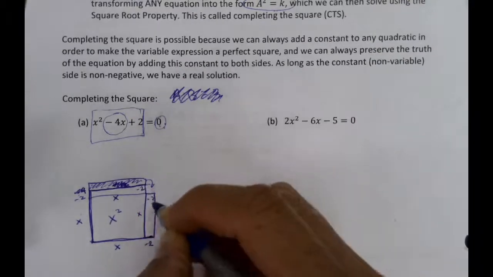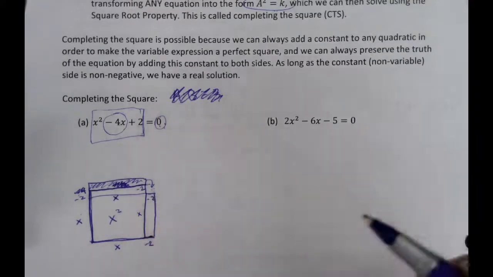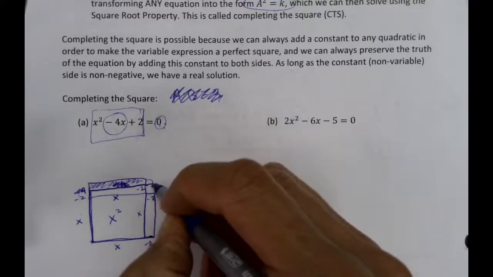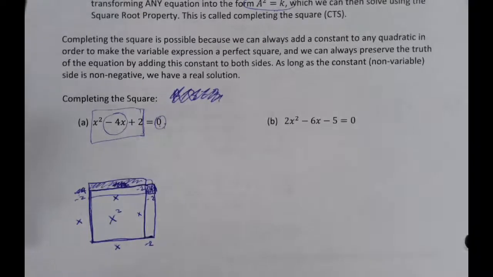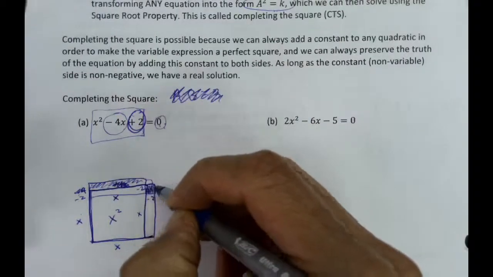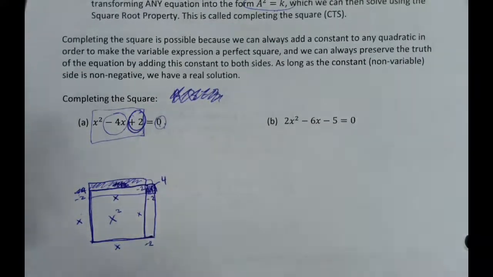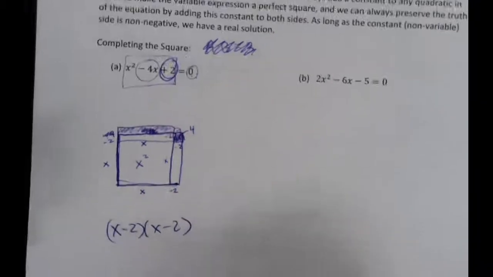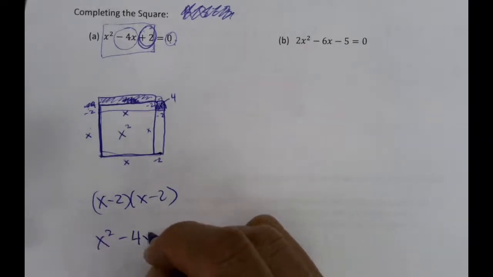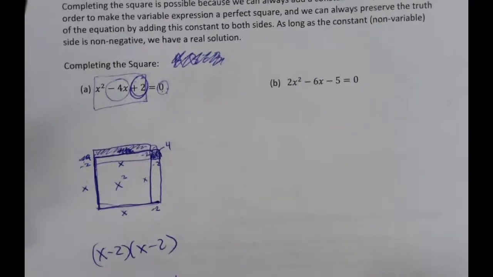Next time I'll pick a positive example, so it's not this weird. But negative 2 times negative 2, that's a number. That's 4. What I need is for this to be a 4, and that would be a perfect square, because x minus 2 times x minus 2 is x squared minus 2x minus another 2x plus 4.